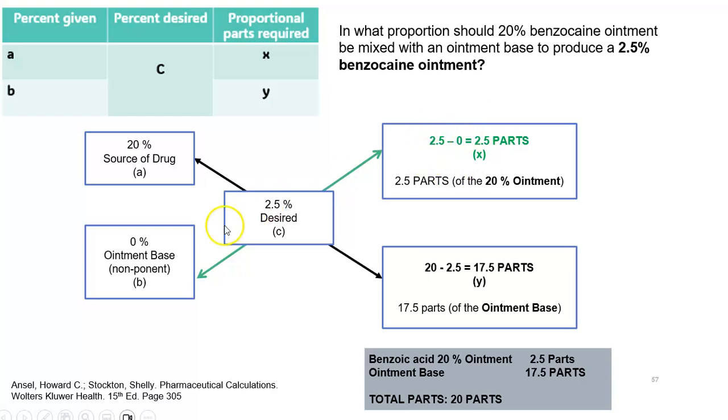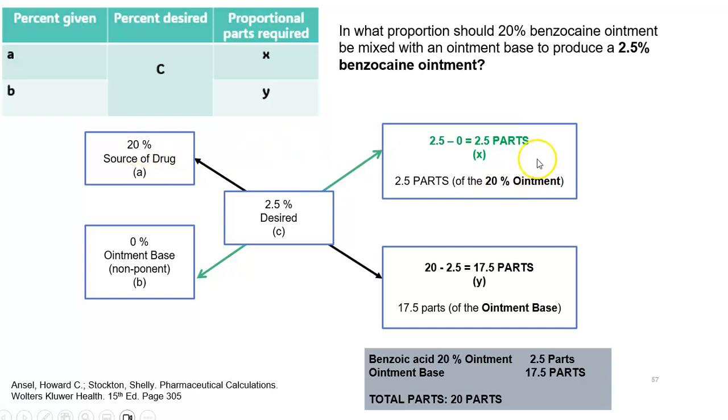So to get the box right here, we'll say 2.5 minus 0, which is 2.5, but your answer would be parts. So 2.5 parts, and how you read is diagonal, across, horizontal. Diagonal is a subtraction, you're reading horizontal. So this 2.5 is of the 20% ointment.